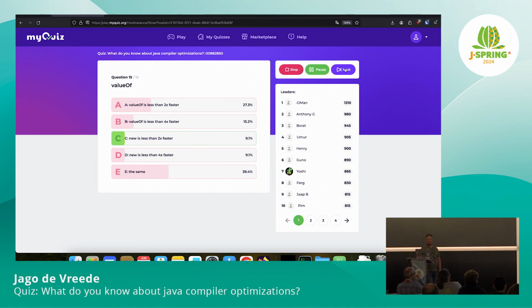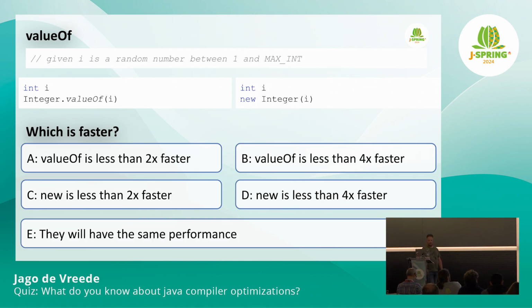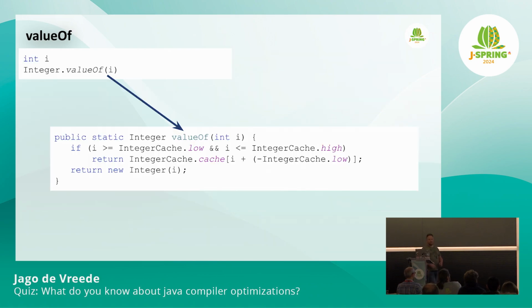Well, they're not the same. New is a little bit faster than valueOf. But why? If you do Integer.valueOf, it will actually need to check an integer cache, because if you give it an integer between minus 128 and 128, it will come from the integer cache.